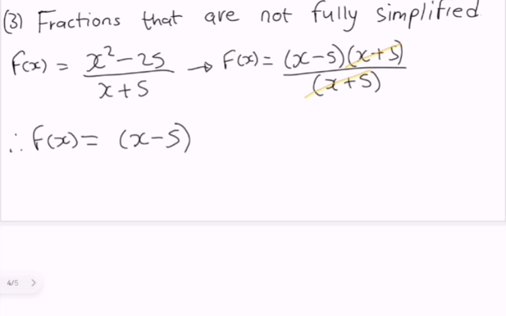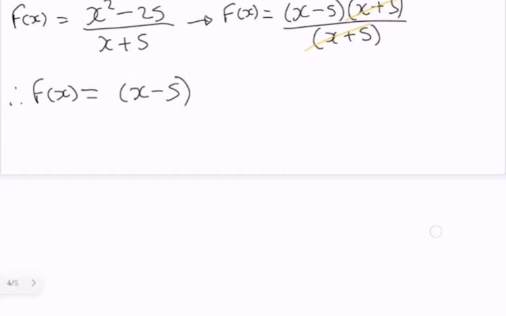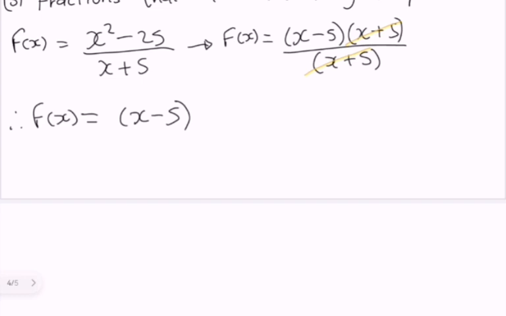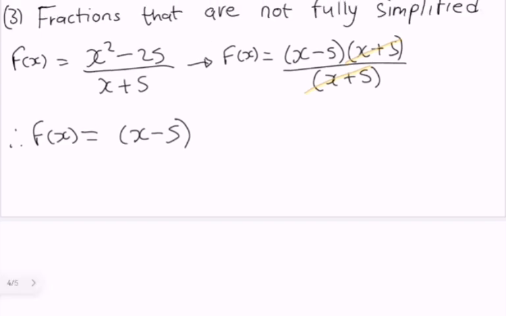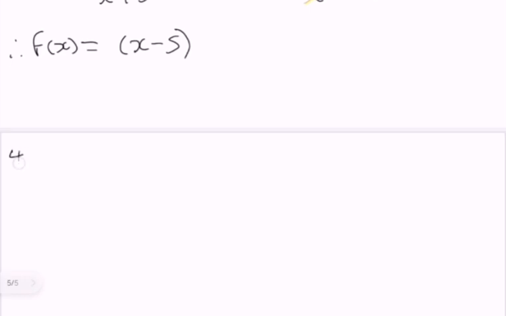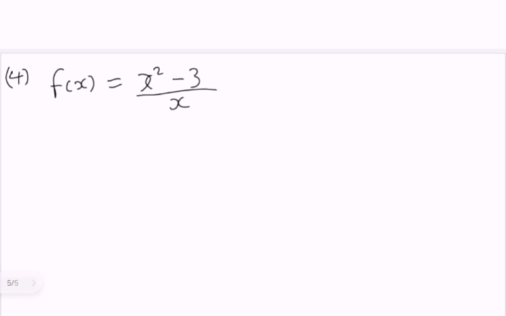Then the last one that is crucial is when the fractions are not fully simplified. The last one I want to look into is where you'll be given something like f of x is equal to x squared minus 3 over x. So when you are here, all you need to do is look at this x in the denominator.